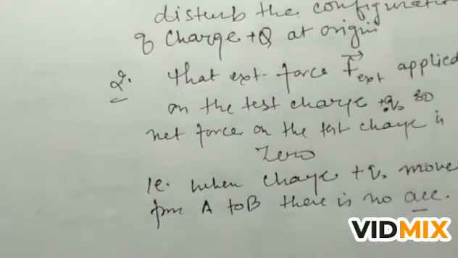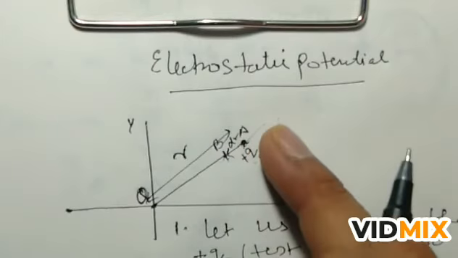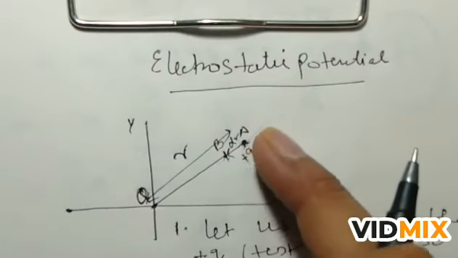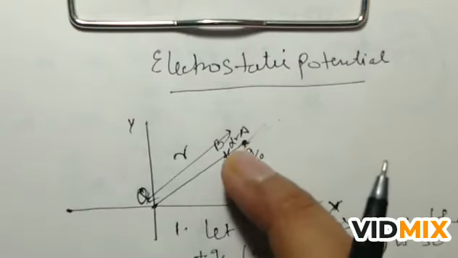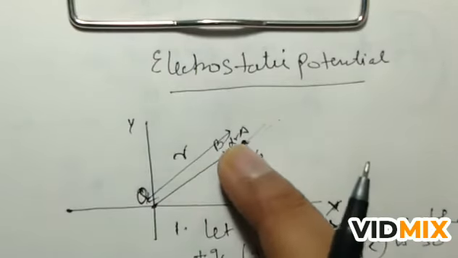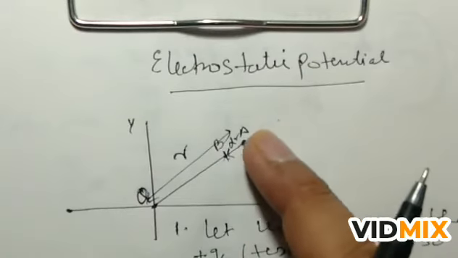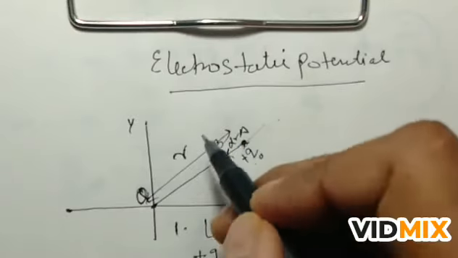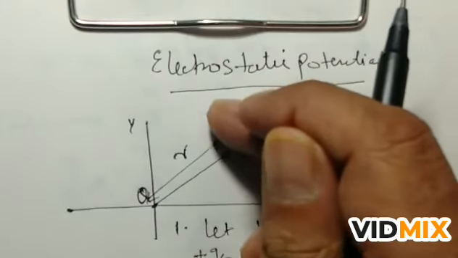It is brought inside this field very slowly. The external force applied on this charge is sufficient to overcome the force produced by the charge q. So net force 0 means that without acceleration we are pushing the charge in the electric field, covering a very small distance by applying a very small force.